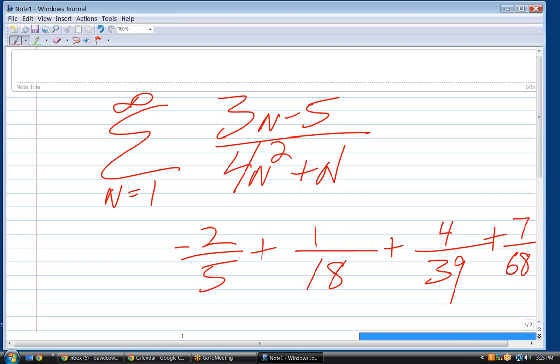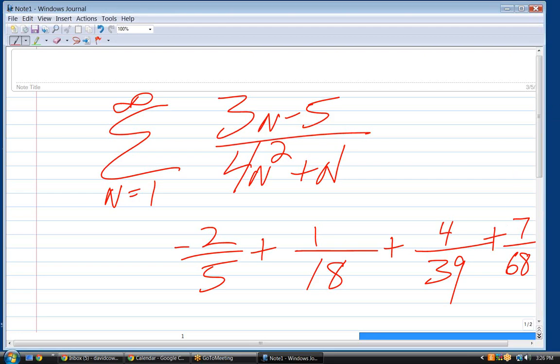So is 7/68 bigger than 4/39? And I believe it is. Just pull out my calculator here. 4 divided by 39 is 0.102, whereas 7 divided by 68 is 0.1029. So these are getting bigger.